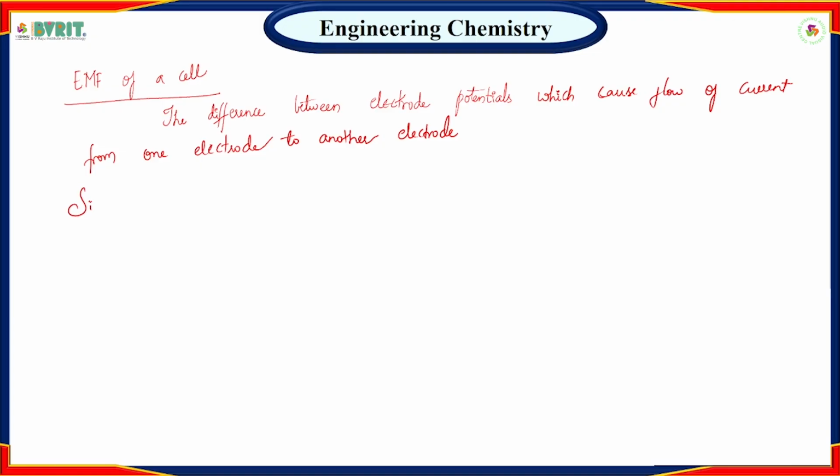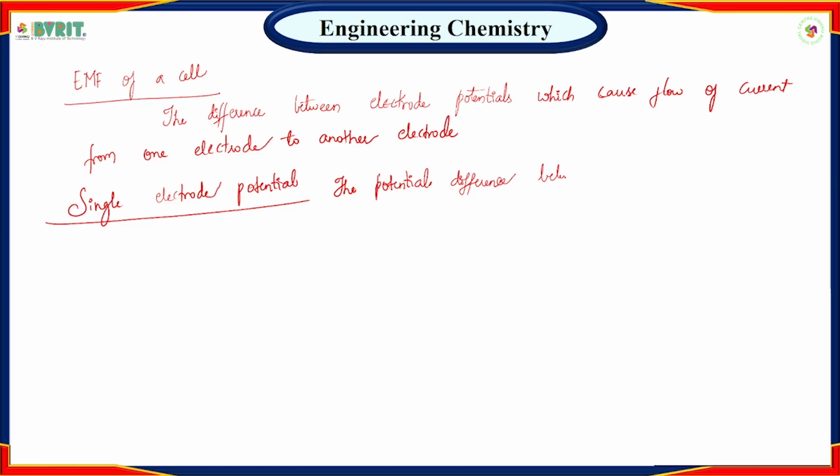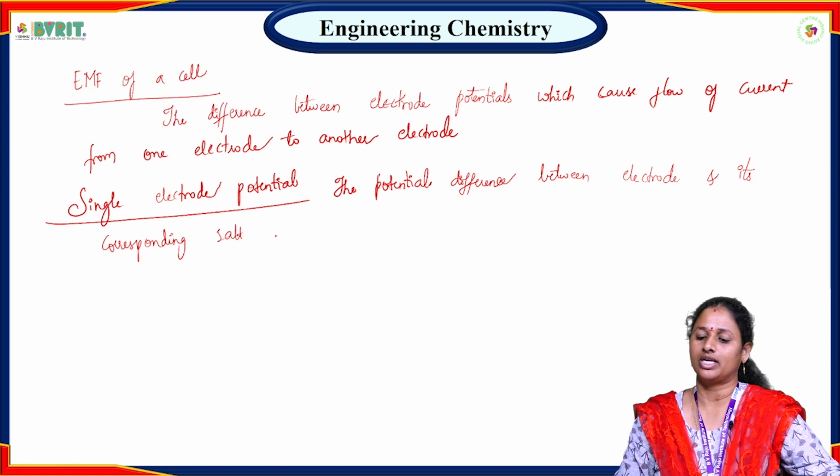Next one is single electrode potential. Single electrode potential is the potential difference between an electrode and its corresponding salt solution.